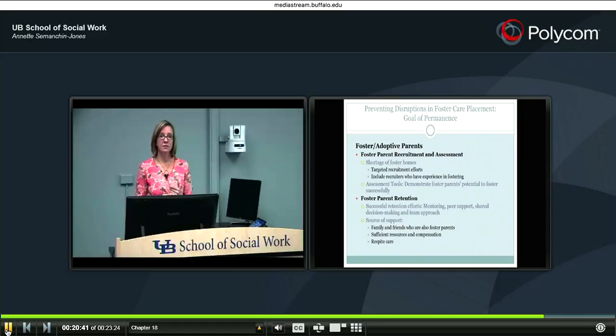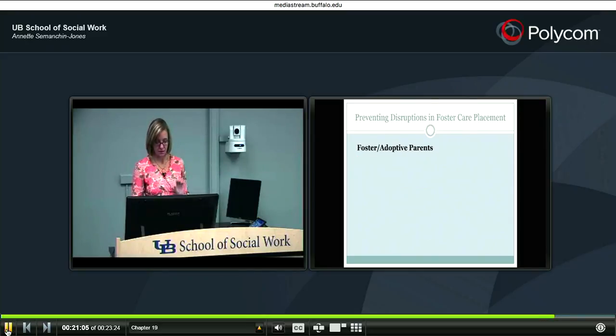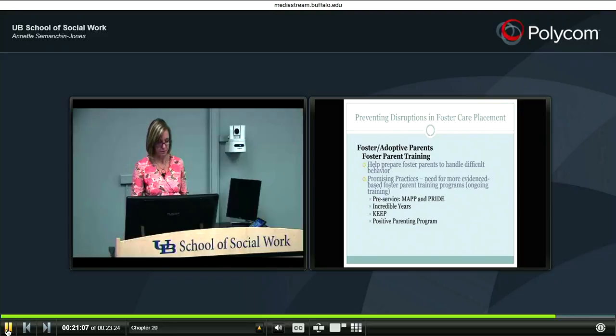So family and friends, and agencies being intentional about bringing foster parents together so they can get support from each other, having adequate respite care, and adequate compensation for the work that they're doing. Many foster parents dig into their own pockets to pay for extra things for the youth. So really making sure that foster parents are getting what they need is key, very important.